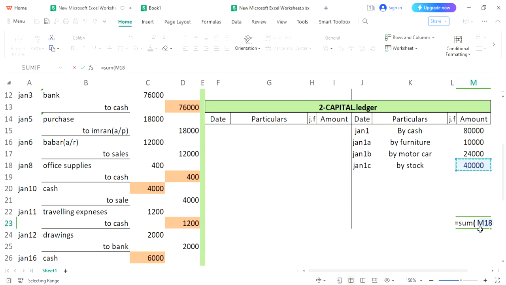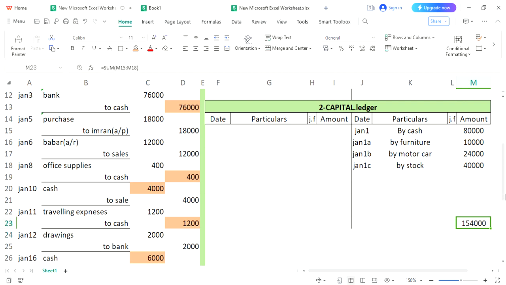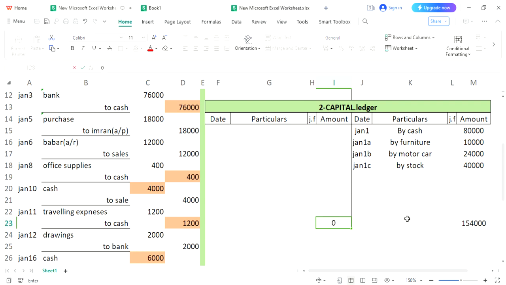Here you can see we have 40,000, 24,000, 10,000, 80,000 we have selected, and let's get the sum of all of these amounts. The sum on credit side is 1,54,000, and now you are in need to calculate the sum of debit side as well. But here you can see nothing is present on debit side, so meaningly the total sum of debit side is 0. First step is completed.